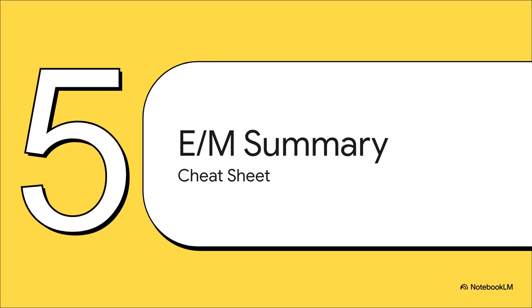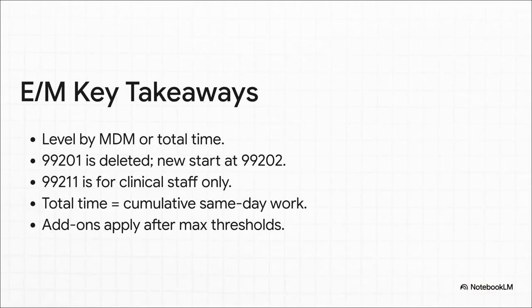All right, let's bring this whole shebang together in Section 5 with our EM summary cheat sheet to lock this all in. Here is your visual EM powerhouse, perfect for a quick review. Let's recap. First, level your visits by MDM or total time. Second, remember 99201 is basically a ghost code now. Just ignore it. New patients always start at 99202. Third, 99211 is exclusively for clinical staff, no MDM needed.